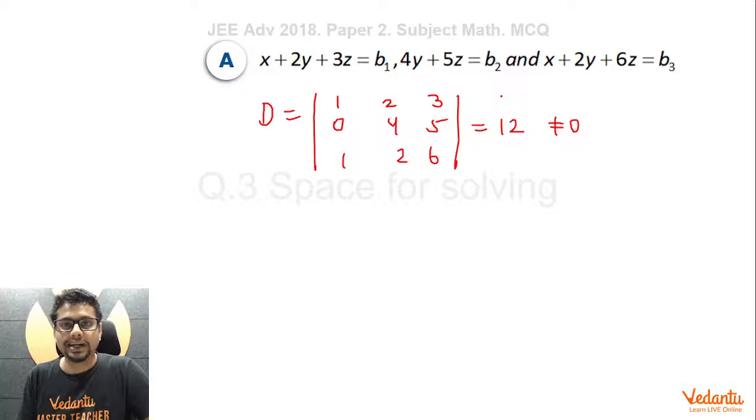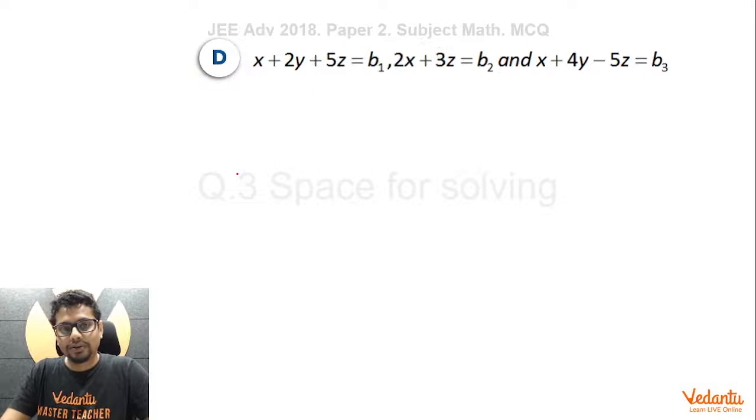That also means at least one solution for all the column matrices b1, b2, b3 belonging to set S, because no matter what b1, b2, b3 be, this system will always have a unique solution. So that means A is correct.